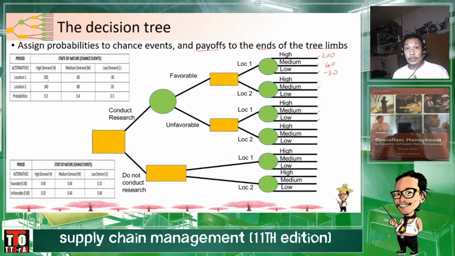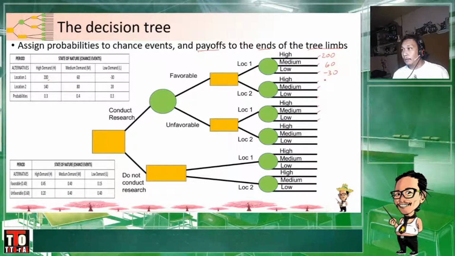Okay, for location 2, we have 140 for high demand, then 80, and then 20. So, where did I see this, guys? In this table. Okay, so that is that table.